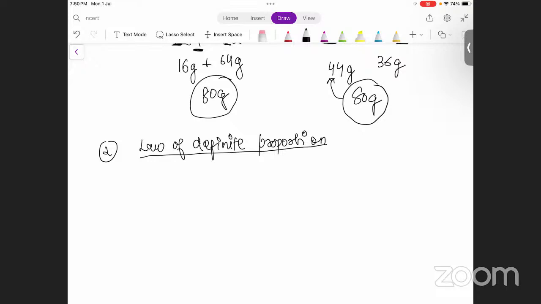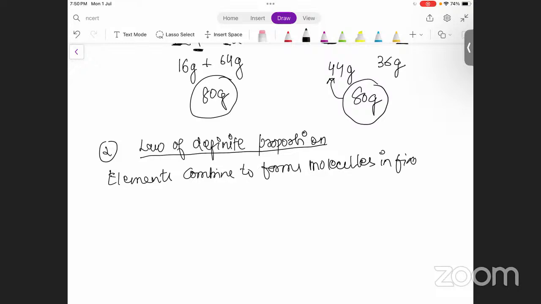What it says is elements combine to form molecules in a fixed ratio of their masses.